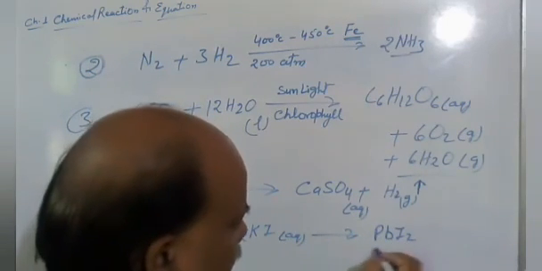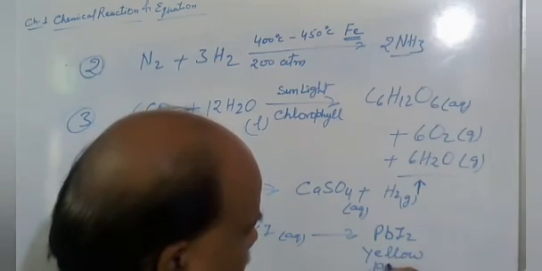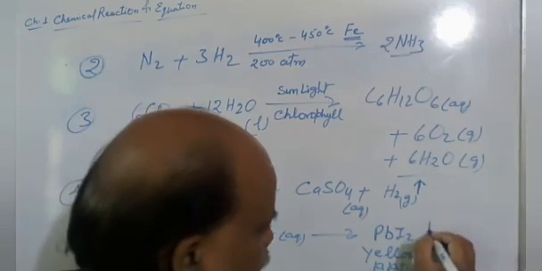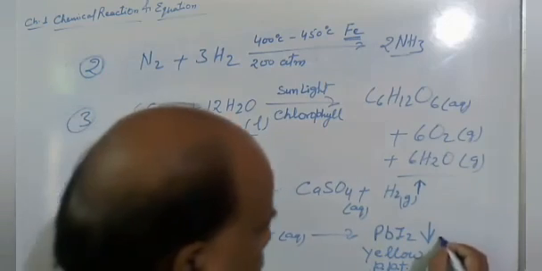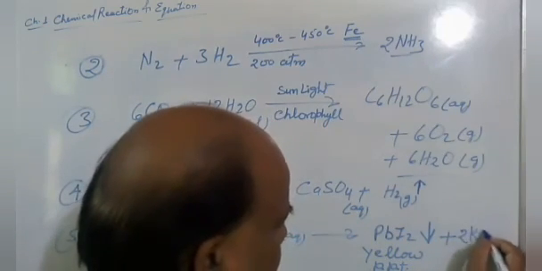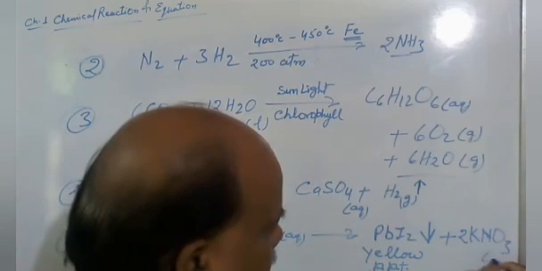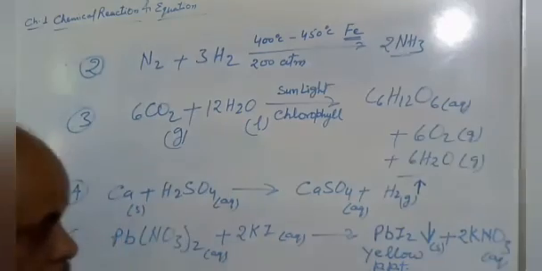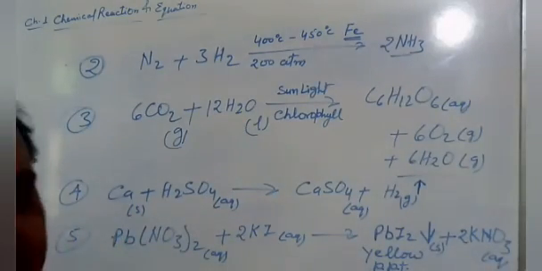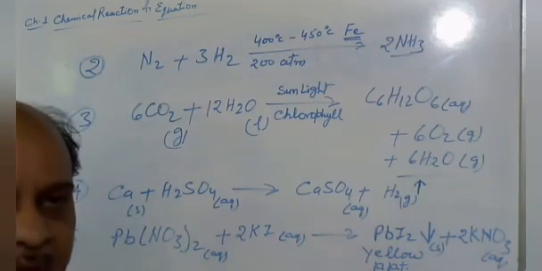PbI2 yellow precipitate, and this should be represented by downward arrow, plus 2KNO3 aqueous, and this is solid. So by adopting these steps we can make our equations more informative.